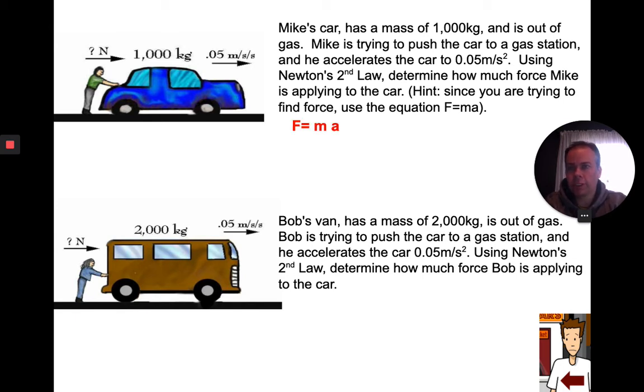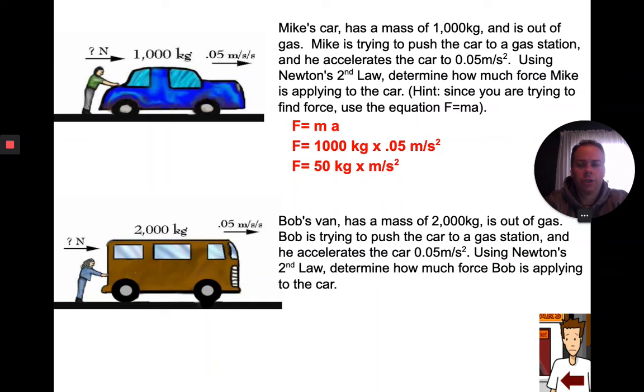Force equals the mass times the acceleration. We know that the mass of the car is 1,000 kilograms. It's been accelerated 0.05 meters per second squared. So we do our math, and we get an answer of 50 kilograms times meters per second squared.